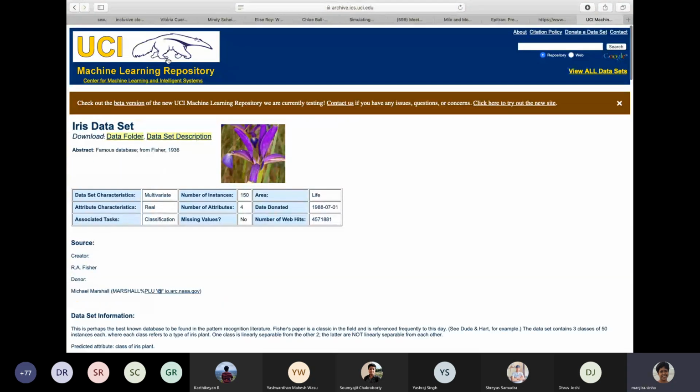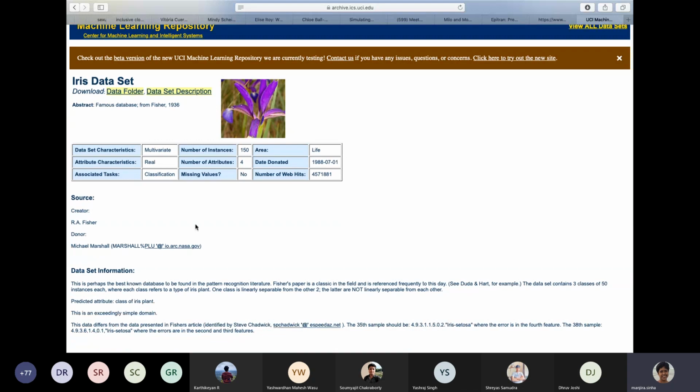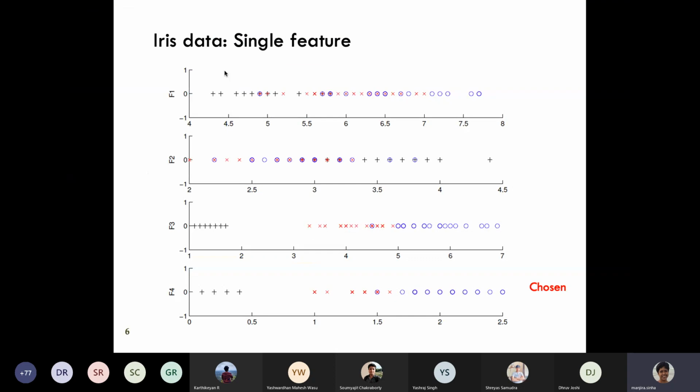You can download it from the UCI machine learning repository, and if you look into different machine learning papers, you must have come across the Iris dataset as one of the most frequently mentioned. It is used heavily for pattern recognition, and it is basically a plant classification dataset. So that's why this dataset has been used for the example.